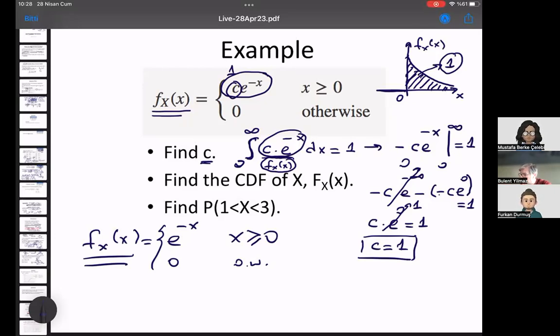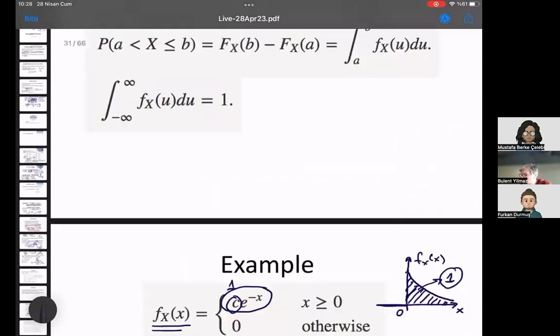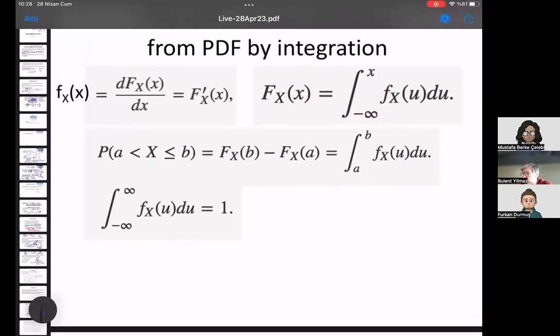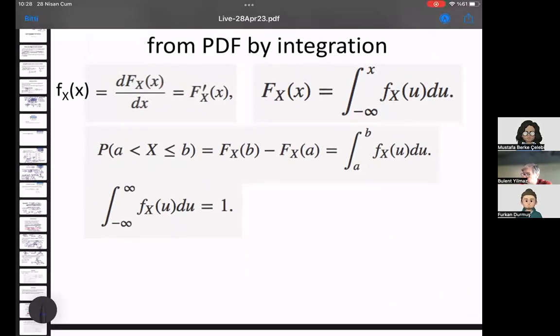Again, now let's go back to the CDF. What was the definition of CDF? Here is the definition of CDF. This time, what was my definition using PMFs?